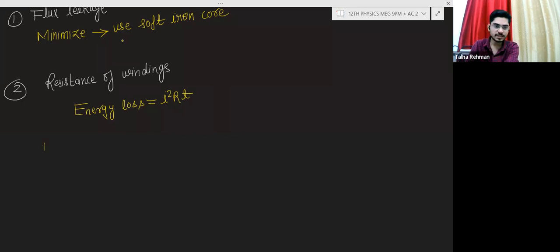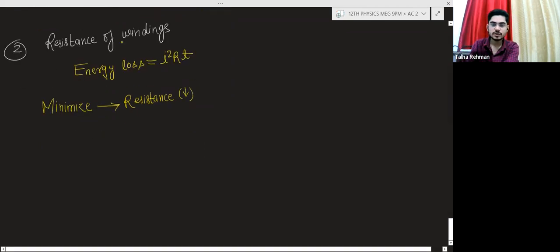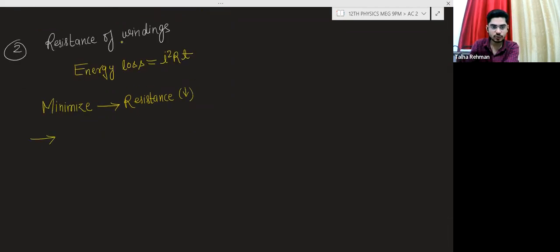If you want to minimize it, you have to decrease the resistance of the winding. For that, you have to use a wire of low resistance, like copper.